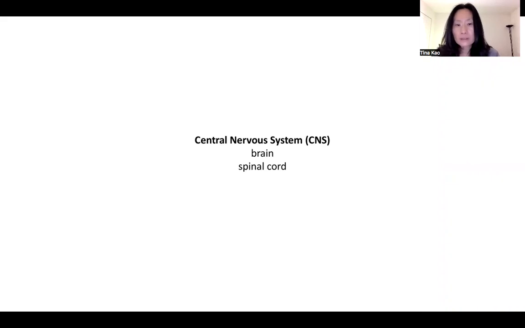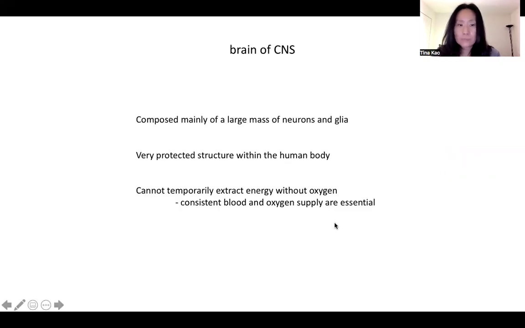Now let's talk about the central nervous system, which is composed of the brain and the spinal cord. So, the brain is a very protected structure within the human body. It's mostly composed of a large mass of cells that we have referred to as neurons, but the greater amount of biological cells in the brain are a class of biological cells known as glial cells.